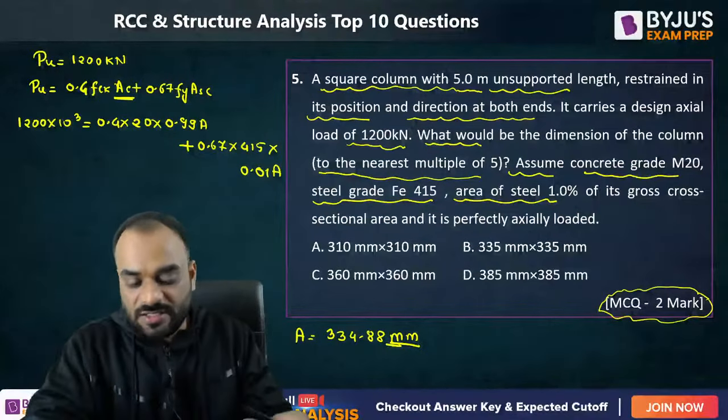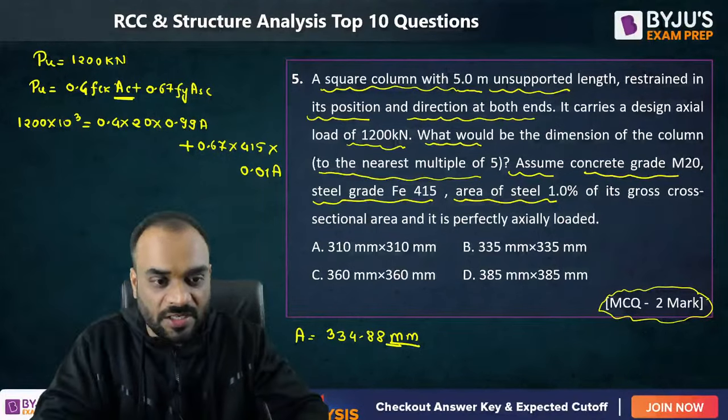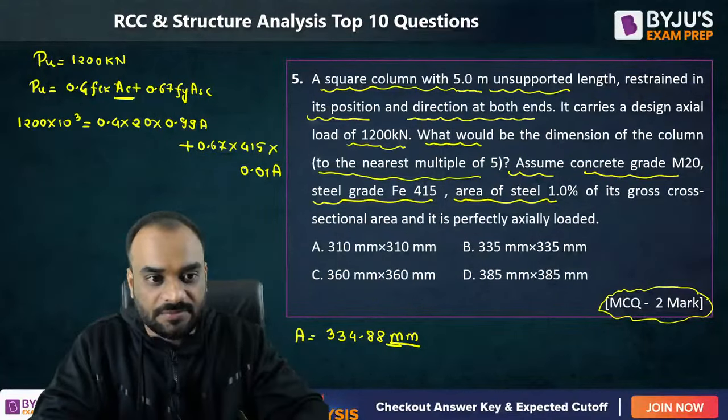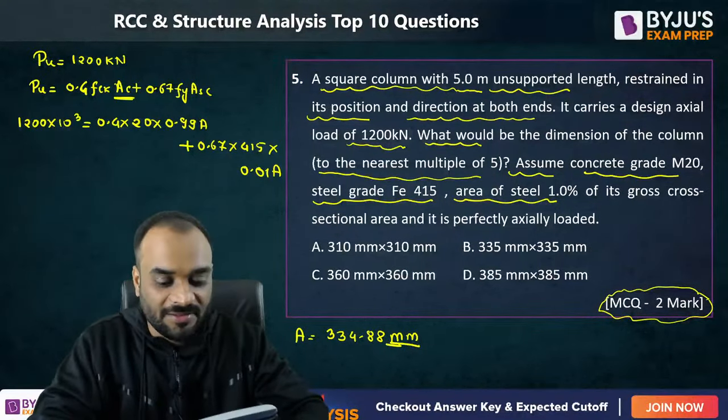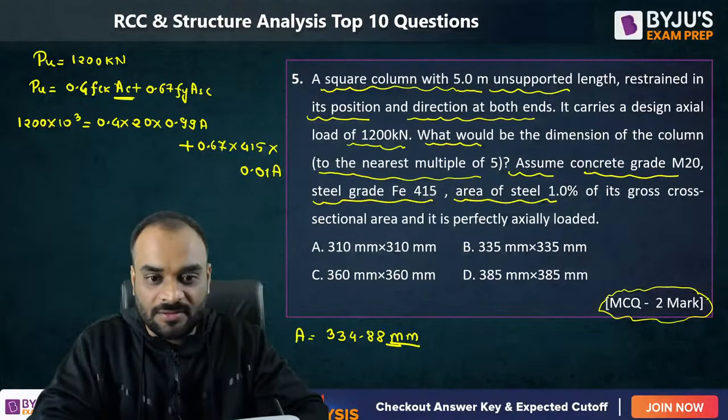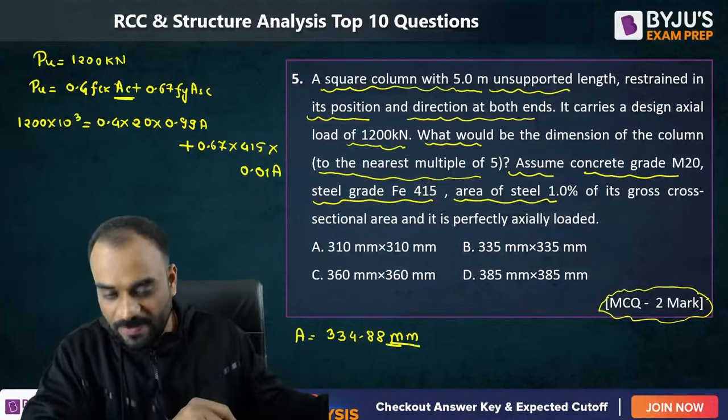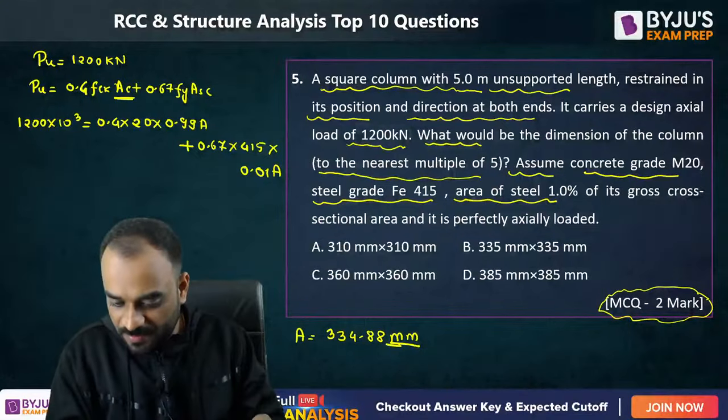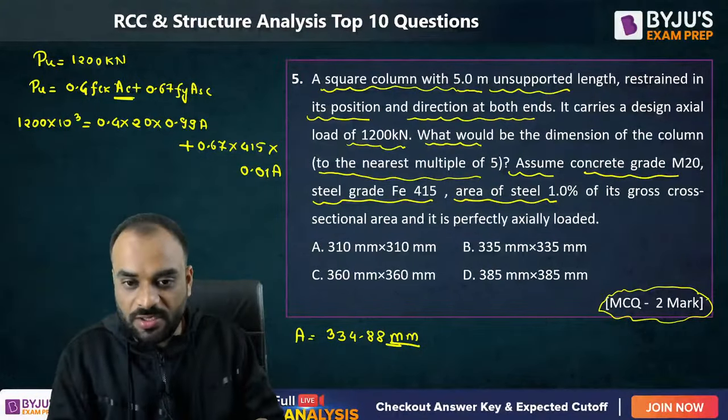Now tell me which is the correct answer for this. Any one of you who can tell me the correct answer, guys? Quickly write down in the chat box. B. Swapnil says B. Okay.